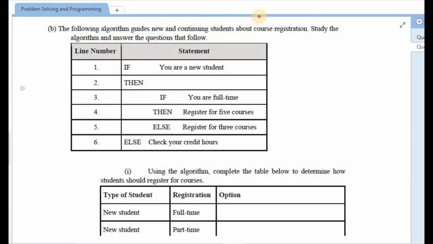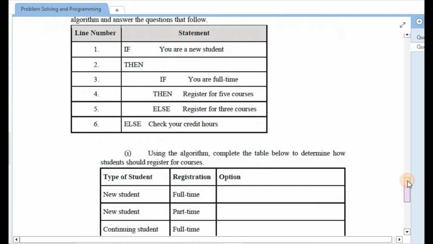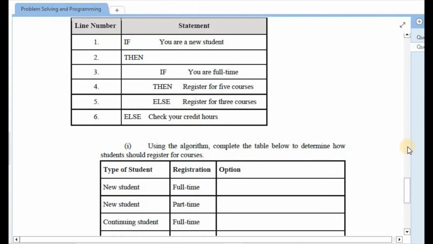However, if you are not full-time, then the second option for that is that you would register for 3 courses. If it is that you are not a new student, your information proceeds on line 6, which is that you would have to check your credit hours.